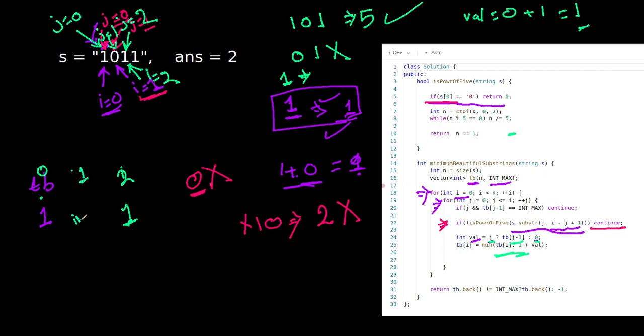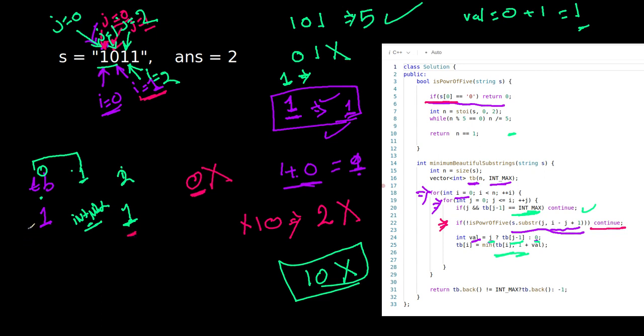At 1 it's int max because we didn't change this value, and so here we check if the value is int max, we also don't do anything, and that's because up to this index, the substring 1 0, we cannot split it into beautiful substrings. So if the answer at j minus 1 is int max, we just continue. So this will be the answer at index 2.